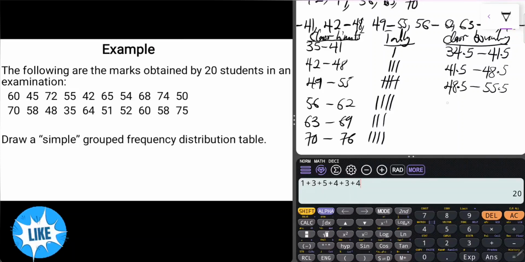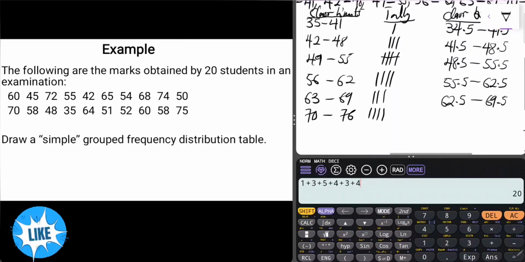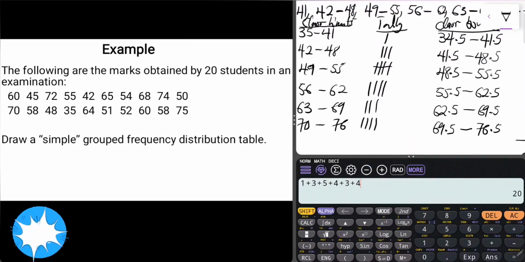Then you have 55.5 to 62.5, and from 62.5 to the next class, we move on to 69.5, and then lastly, I have 69.5 to 76.5, and this will determine your class boundary for this particular set of data using the Sturges' rule.